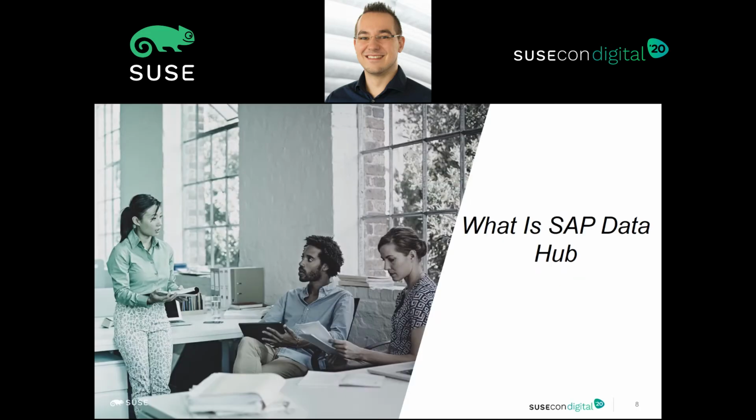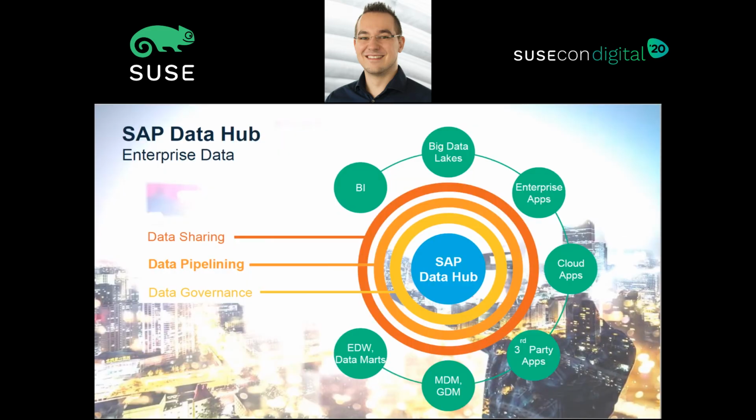Since we now all share a common knowledge of what is SUSE CaaS, I want to give you a brief introduction about what is SAP Data Hub. Modern companies are collecting and storing a lot of data in the data centers or in the cloud. And since most of the companies don't just use a single place to store the data, we can talk about distributed data.